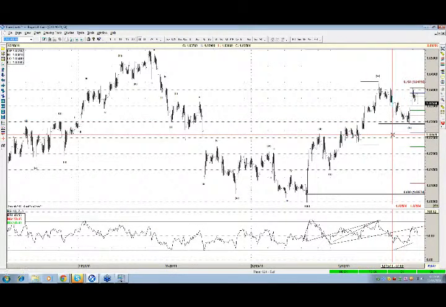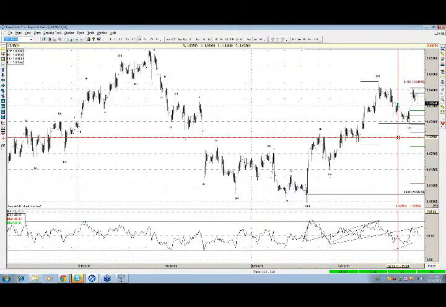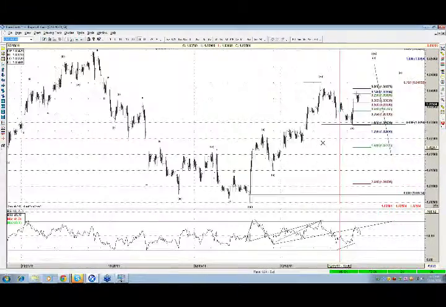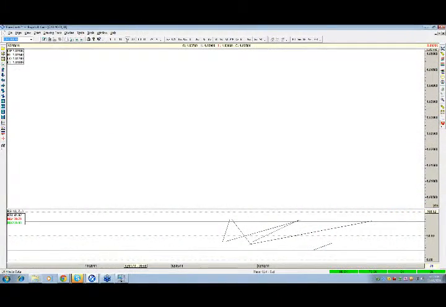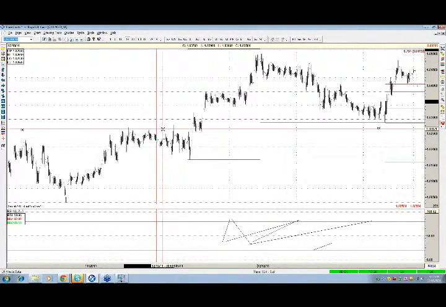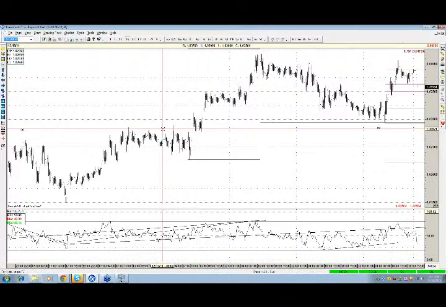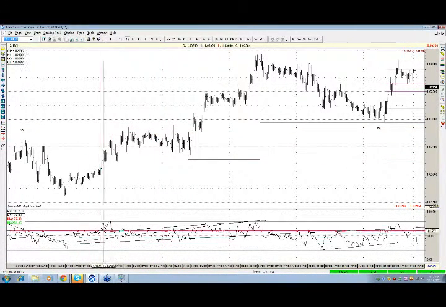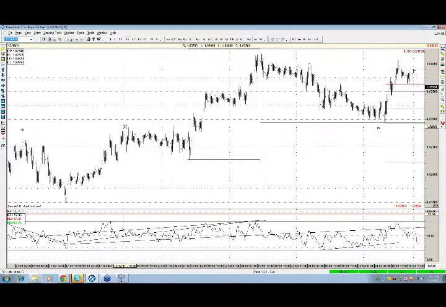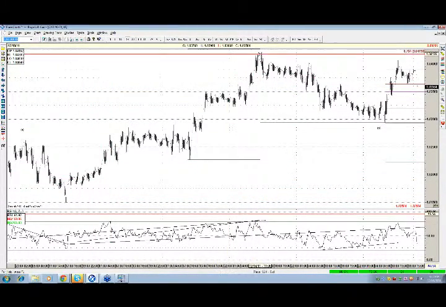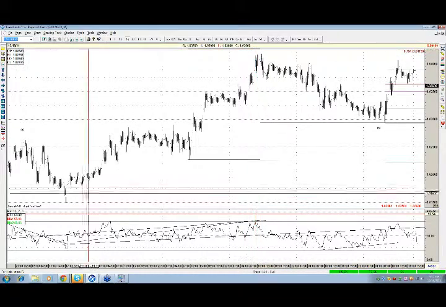But what I don't like there is that the B wave is too short in time and in price. But like I said the other day, if you go deep on it with the RSI, you can see 5 waves here. You can see a questionable 5 here. But from here to here, it's not a 5, it's a 3.